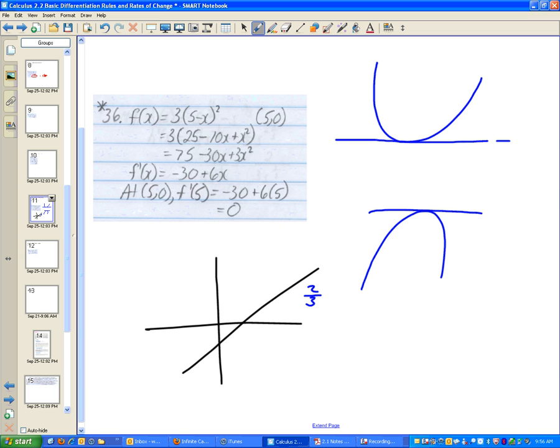Which, in this weird way that can only happen in math, means that a line is its own tangent line. And that just creeps me out too. Is that what's creeping you out? Yeah. So we handle it through definitions. The slope of the graph is defined to equal the slope of the tangent line, and that takes care of our little paradox there. Okay? All right, we good with 36?